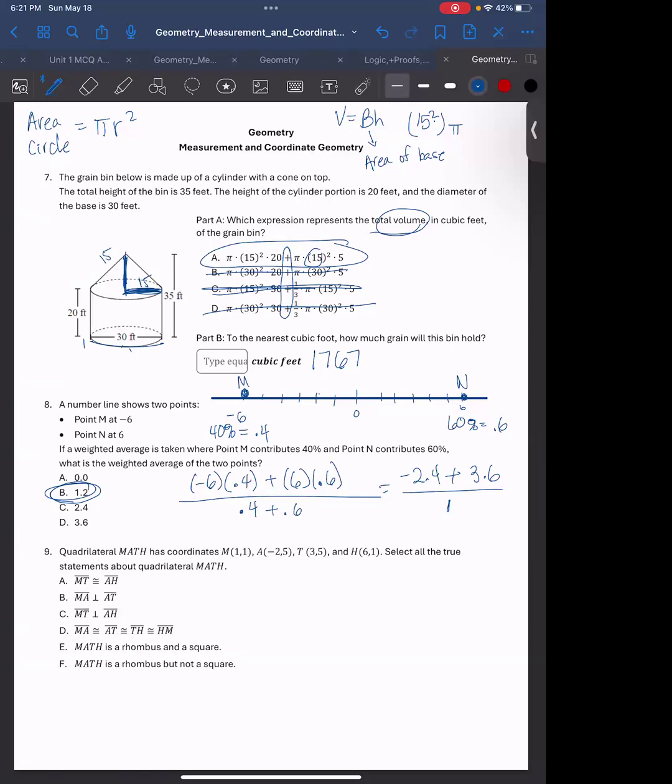How is it 1.2? All right, so I'm gonna go again. So we had 40% and 60%, right? But I don't multiply by percentages like that. I have to change them into decimals.